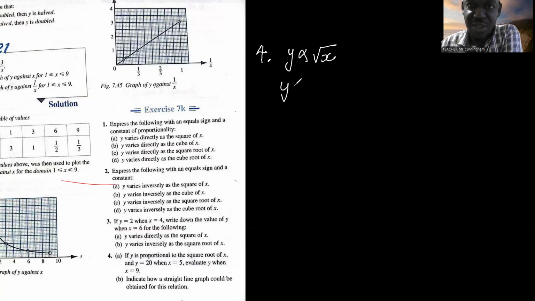So y is equal to k times the square root of x. Anybody lost with what I wrote down for question 4? When y is 20, they said k divided by the square root of 5.